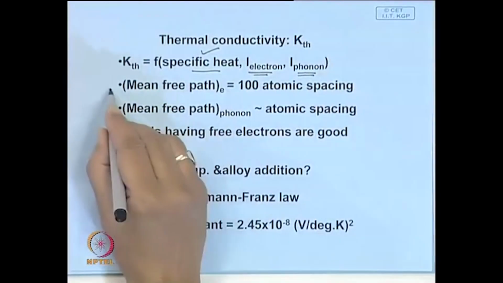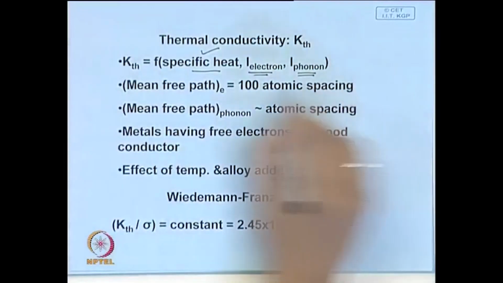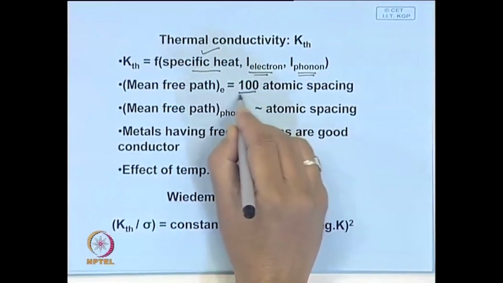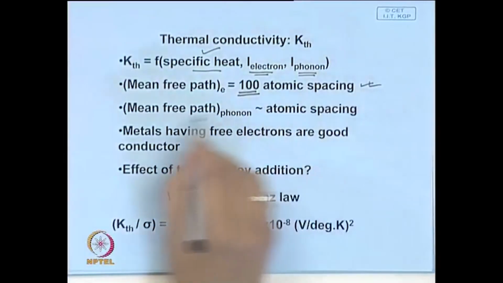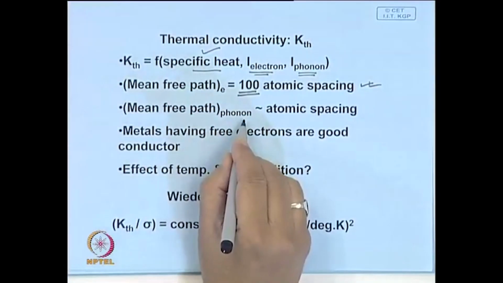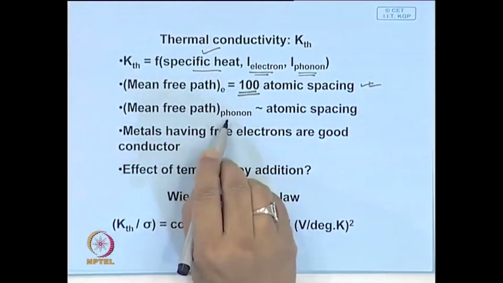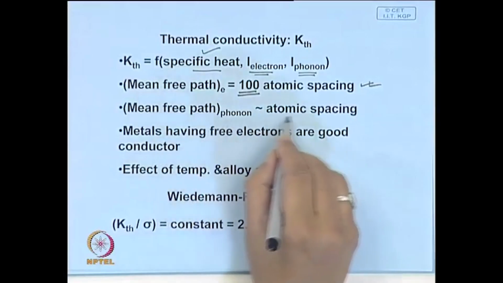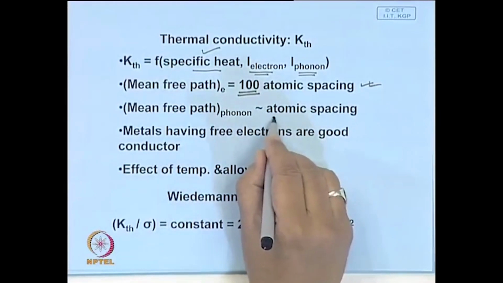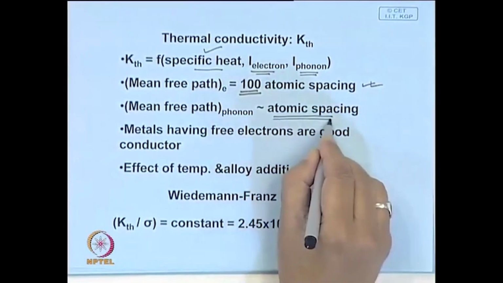Now, mean free path of electron we have just seen is of the order of 100 atomic spacing, whereas for phonon, these wavelengths are much smaller. So, they get scattered very easily, and this is of the order of atomic spacing.